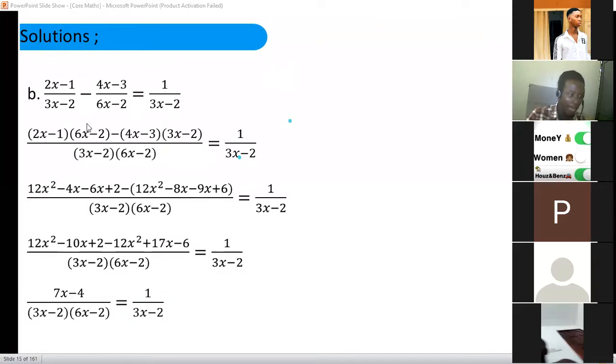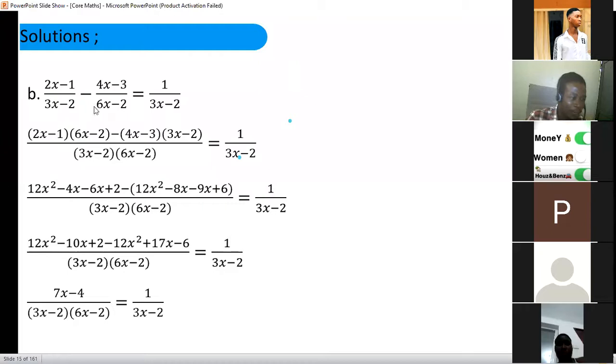Hold on there. Let's get back here. The LCM here, you see these denominators, they are variables. They contain variables. So the best way we can find the LCM is to multiply the two denominators.